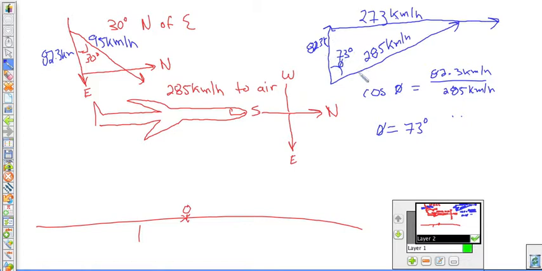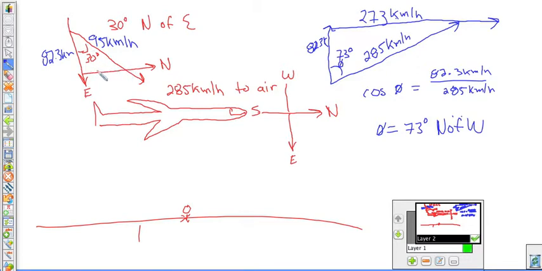So as long as I angle my plane 73 degrees north of west, I'm going to be able to compensate for that wind that's pushing against me to the east, and I will continue going in the north direction. Now, I won't be able to go quite as fast, 273 kilometers per hour.